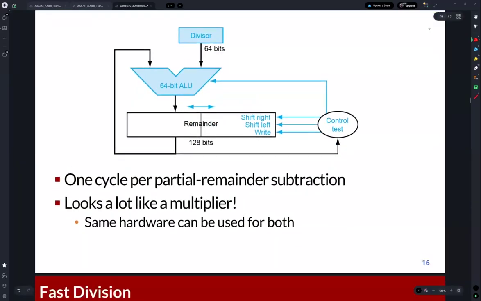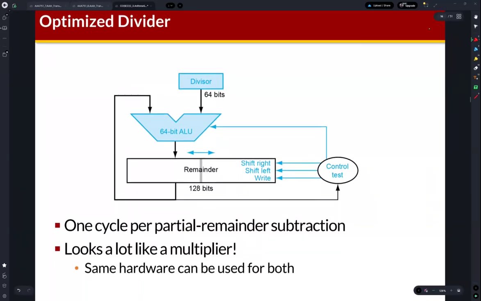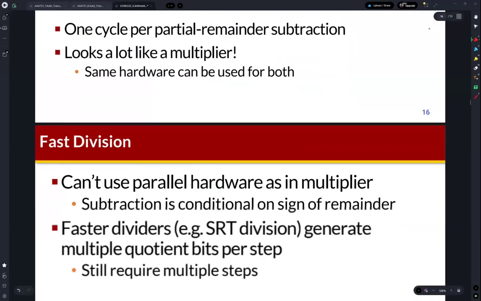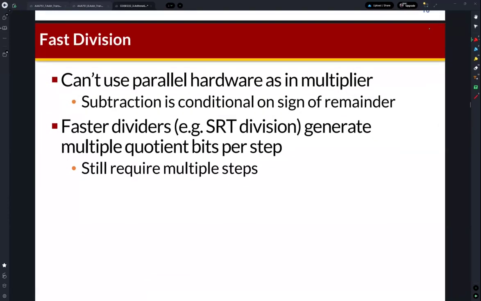So this is an optimized divider, but you can find that the hardware architecture of this divider is similar to the hardware architecture of a multiplier, right? But it's also very slow, so it will take multiple cycles. So we can implement a faster divider, but it is much more complex than the multiplier.